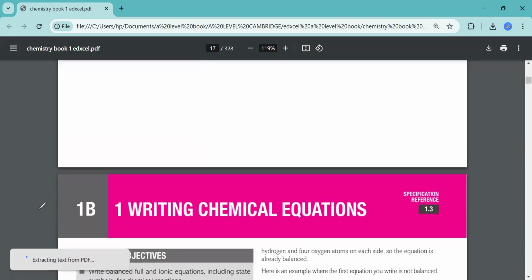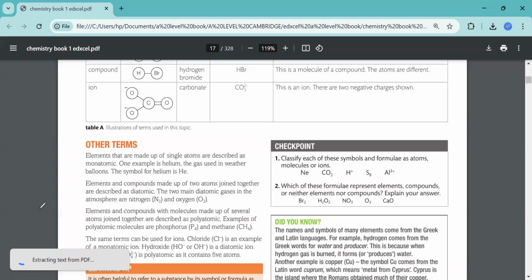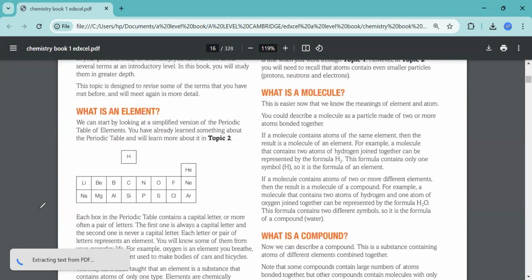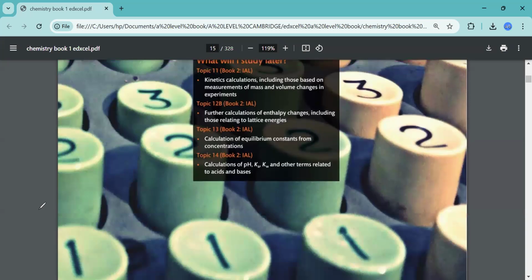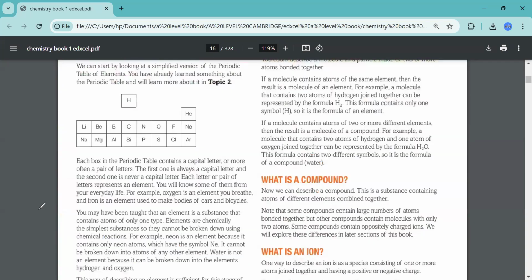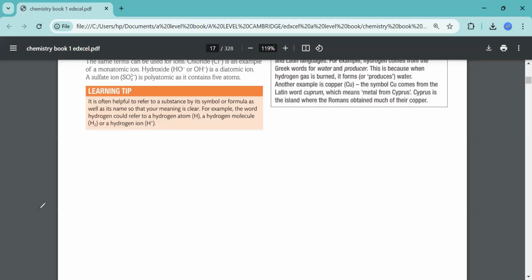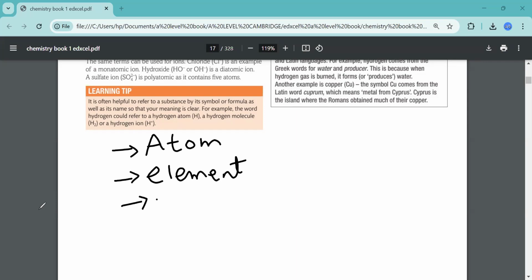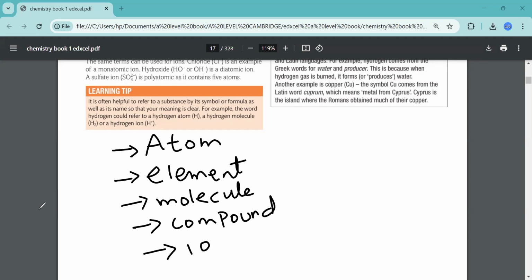So we are finished with today's topic and I'm hoping that all the terminologies are clear. So let's recall everything that we learned in this lecture. We learned about the atom, the element, the molecule, the compound, and the ions as well.